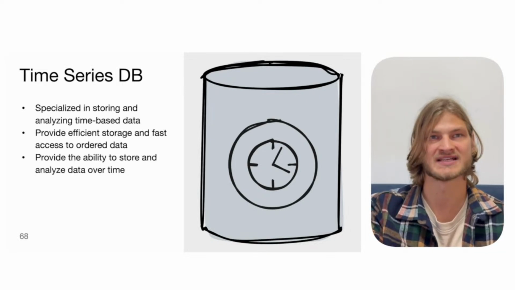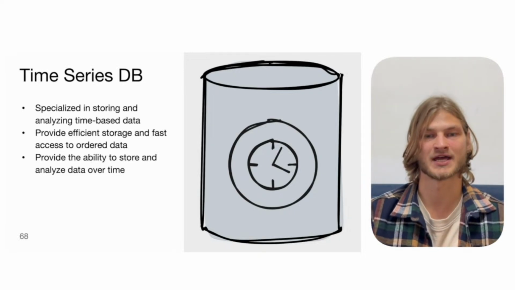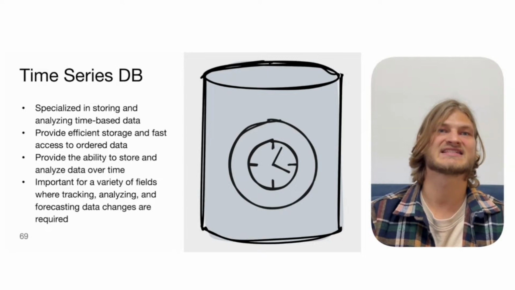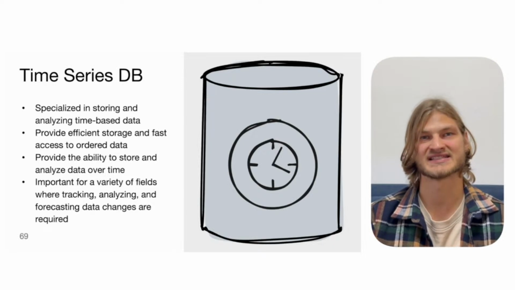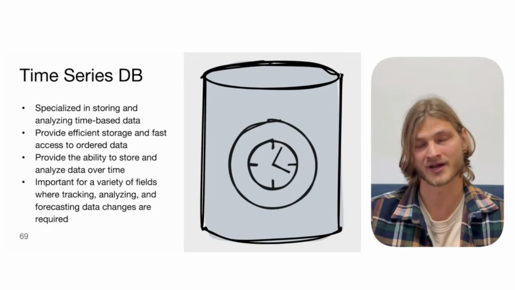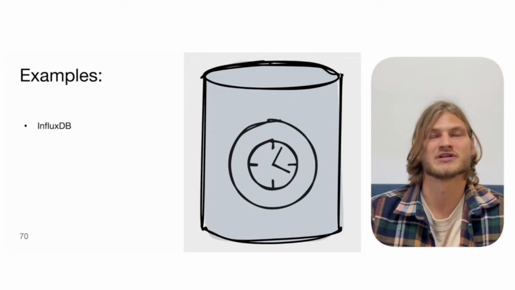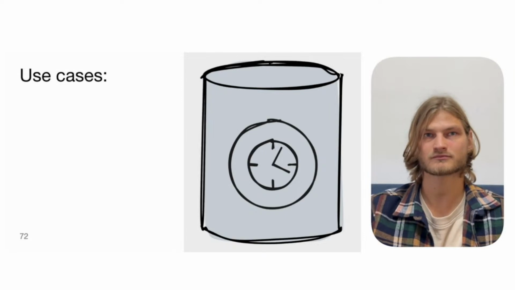Also, it provides the ability to store and analyze data over time. And it's really important for a variety of fields where tracking, analyzing, and forecasting data changes are required. As examples, we can consider InfluxDB and TimescaleDB.